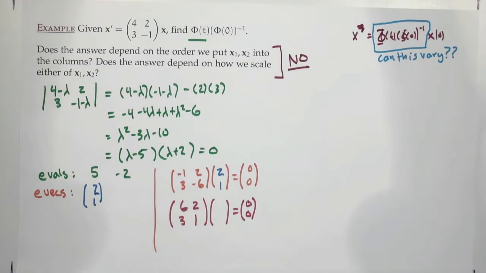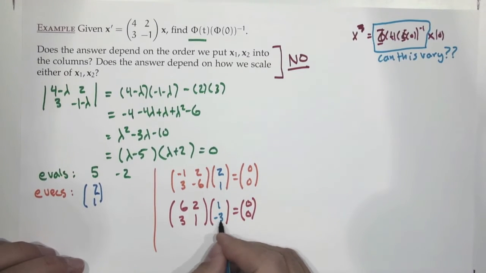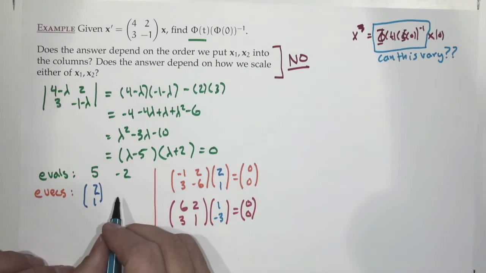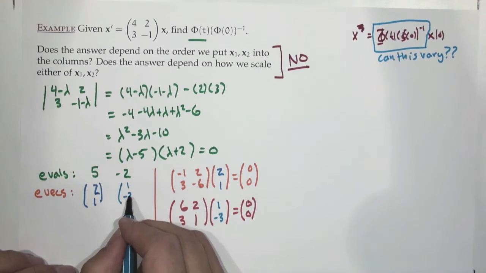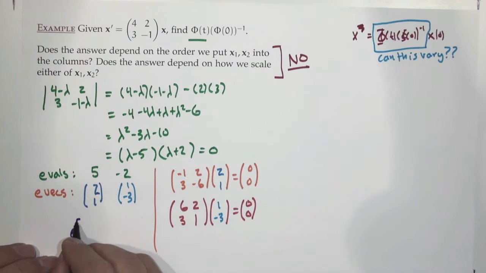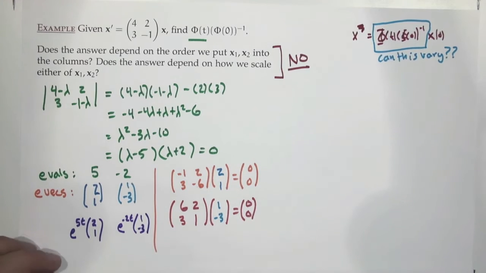Well, do we see such a vector? 1, negative 3. Does that work? Yes, 6 minus 6, 3 minus 3. Works brilliantly. 1, negative 3. Okay, so we have our eigenvalues and our eigenvectors, which means we have our two solutions. e to the 5t times 2, 1, and e to the minus 2t times 1, minus 3. So those are our two solutions.